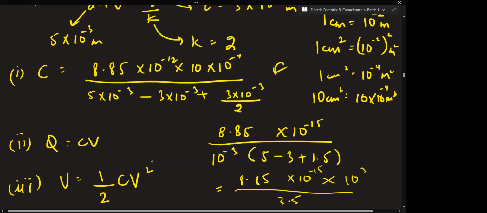If we divide 8.8 by 3.5, you'll have around 2.5 something. So not 1.36, it will be around 2.5, then into 10 to the power minus 12. This will be the value of capacitance, this much farad. All right, so check your calculations.